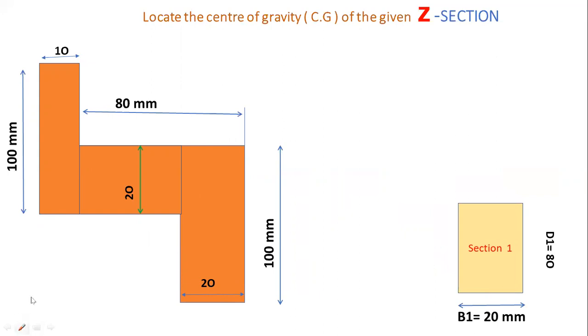Here I consider this rectangle from here to here. You have to subtract this height 20 mm from this height. So the height of this bottom rectangle is 100 minus 20 equals 80 mm. So D1 equals 80 mm.